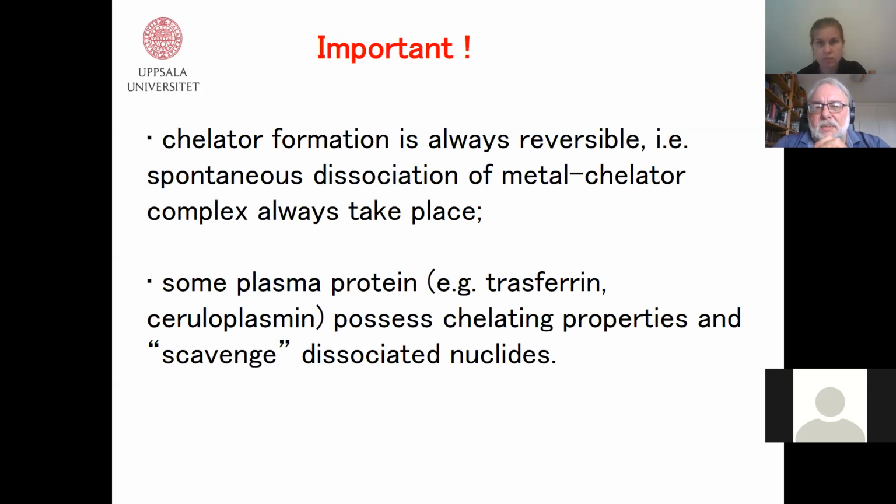There is one important aspect which we have to keep always in mind. The chelator formation is always reversible. When we have a covalent bond, for example when we label small molecules with carbon 11 or carbon 14, or when we introduce radiohalogen, whether fluorine 18 or heavy halogen, it forms a stable covalent bond.